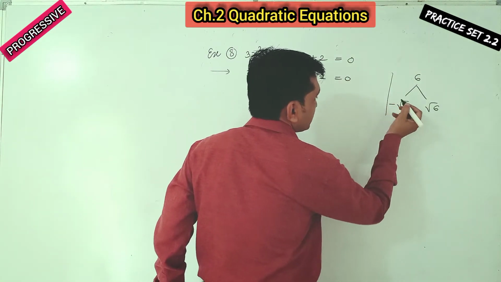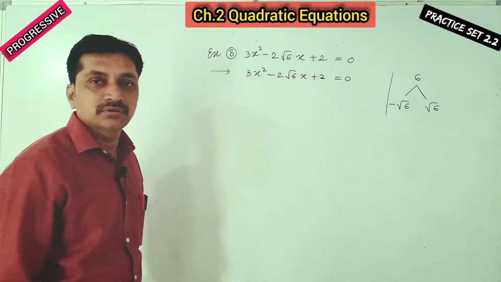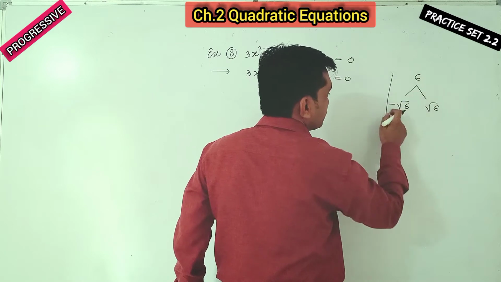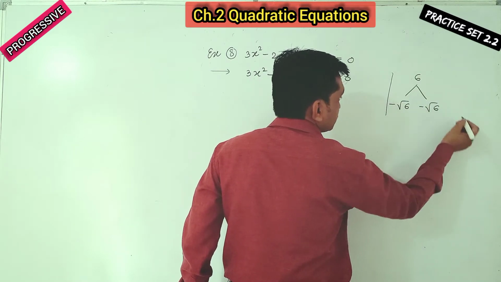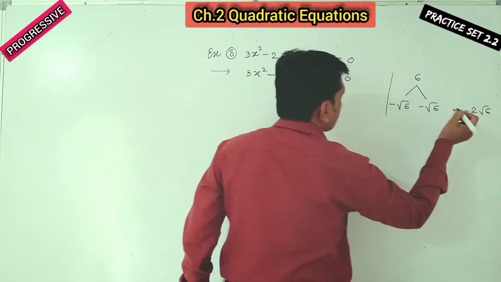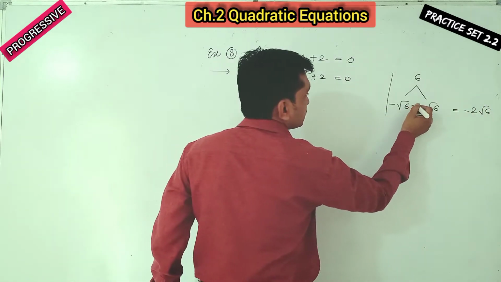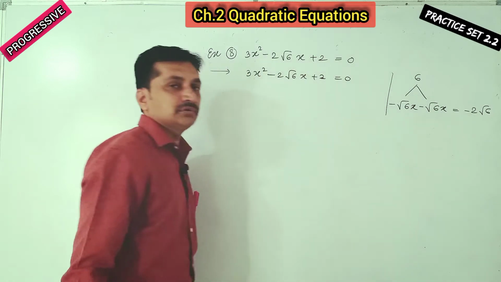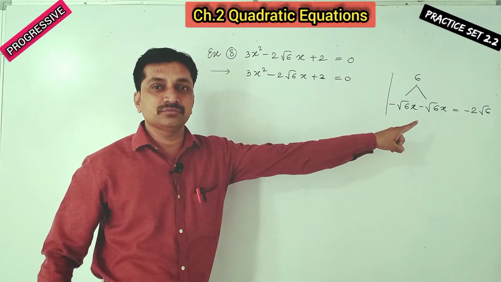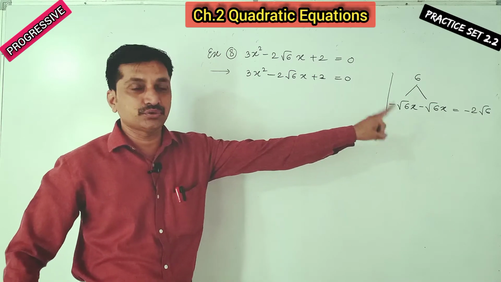Both are the same, that's why here I am writing the middle term sign to the bigger. If the product is positive, the same sign will come here. And if we add here, minus 2 root 6 x, the variable is x. See here minus 2 root 6, and their sum is also minus 2 root 6.